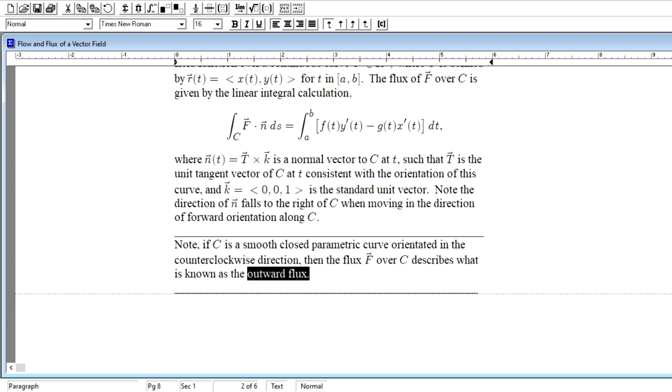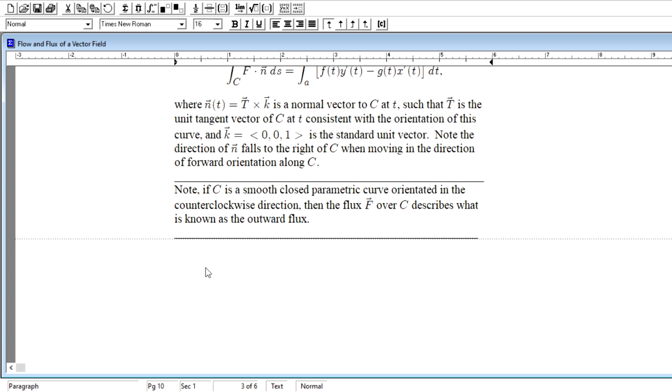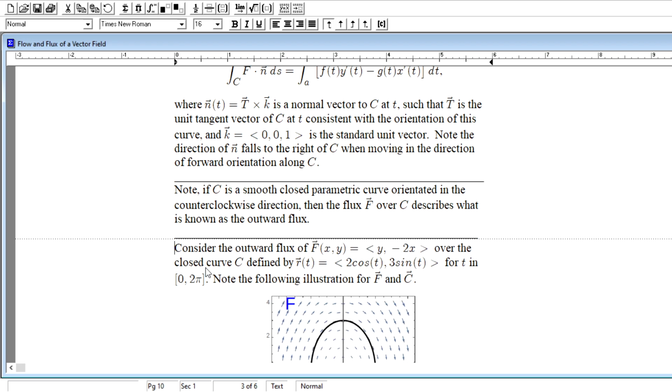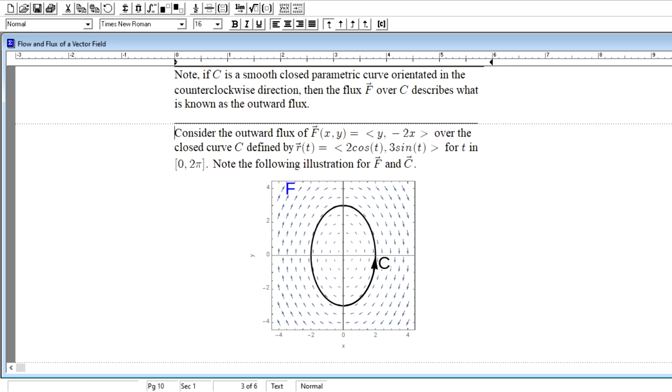We might consider calculating the outward flux for this curve seen here. Consider the outward flux of the vector field F bar given by y comma negative 2x.